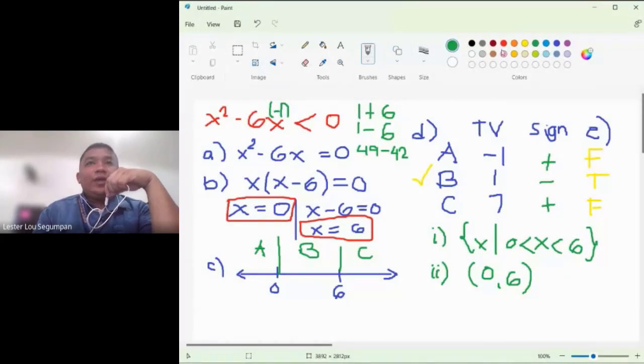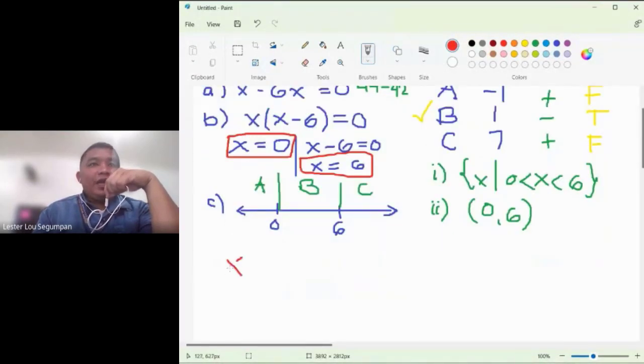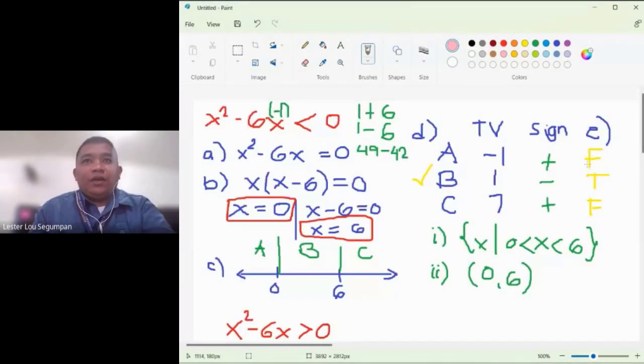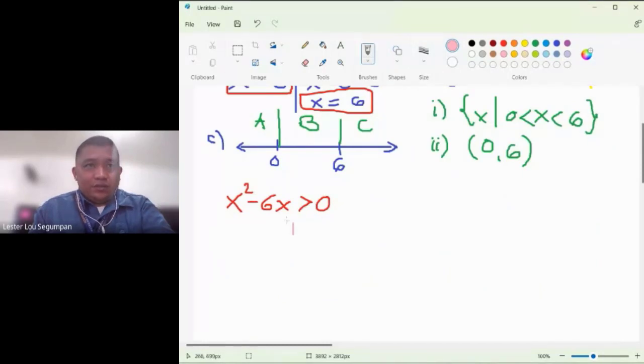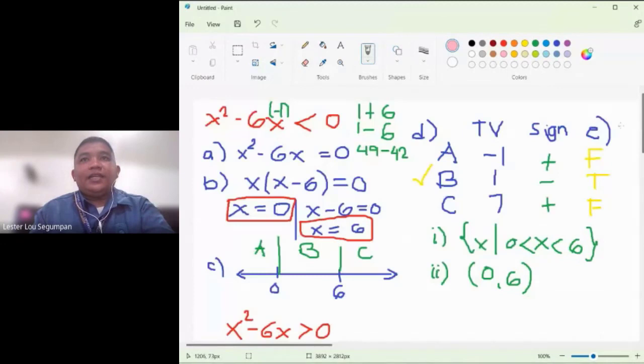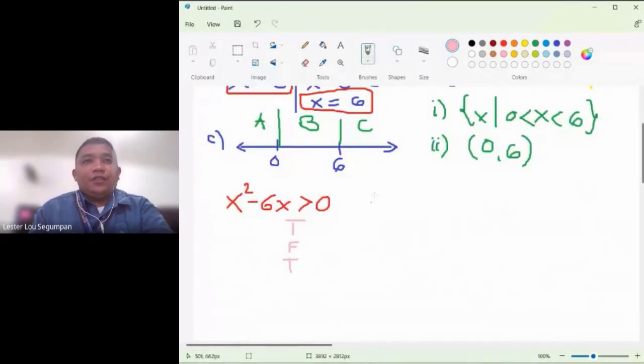Now, what if x squared minus 6x is greater than 0? Instead of FTF, it becomes TFT, right? So what would be our solution set here?